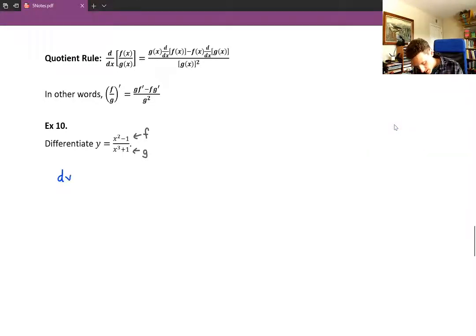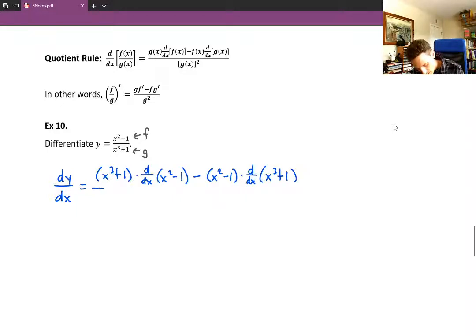Okay, so dy dx, which again means the derivative of y with respect to x, by the quotient rule is going to be low d high minus high d low over low squared.